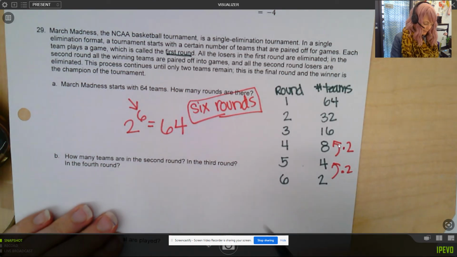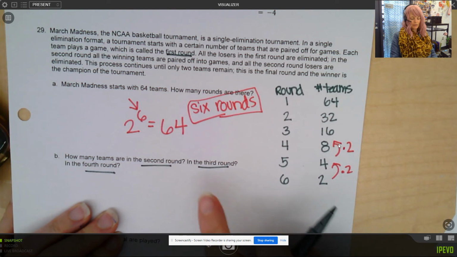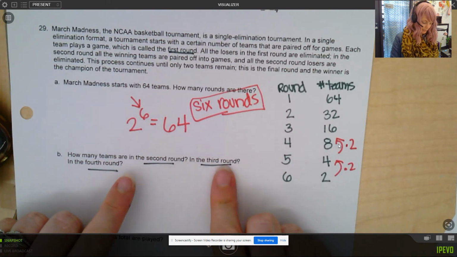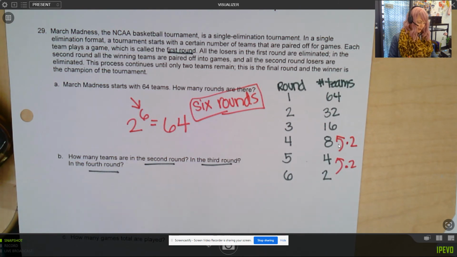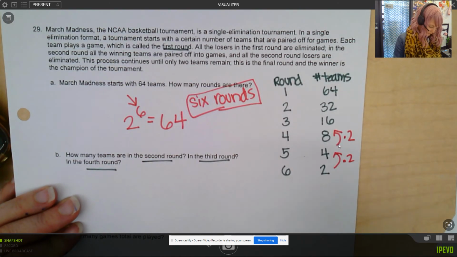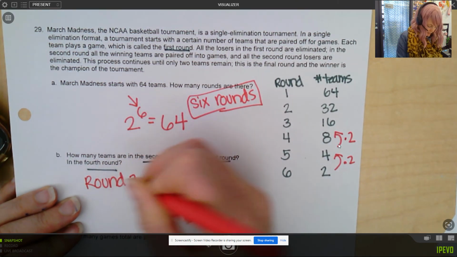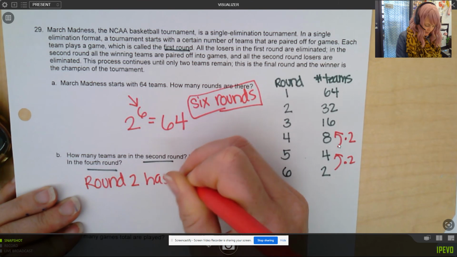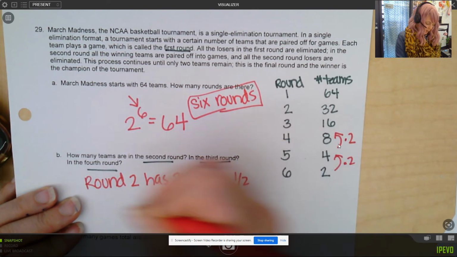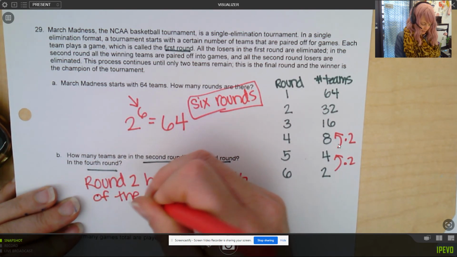So it says how many teams are in the second round, third round, and fourth round? And we can just use our table here, or because we're thinking about the rounds, for the second round, round 2 has 32 teams. Half of the original teams are eliminated.